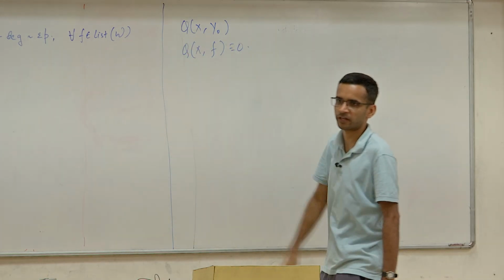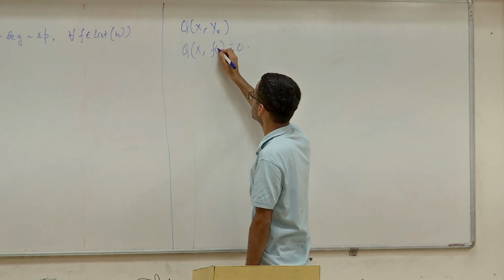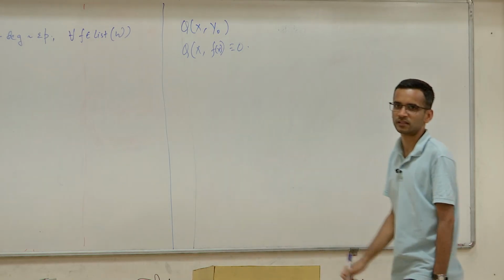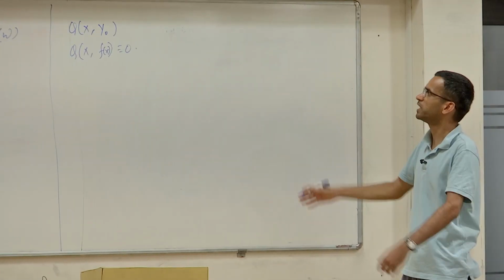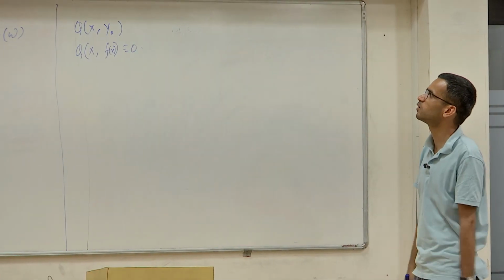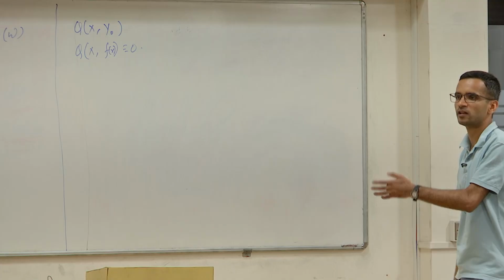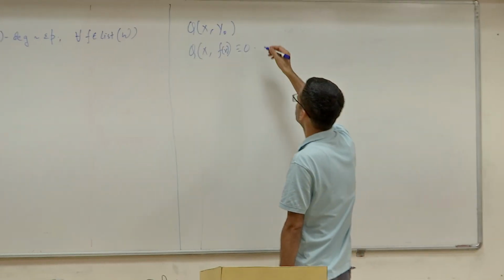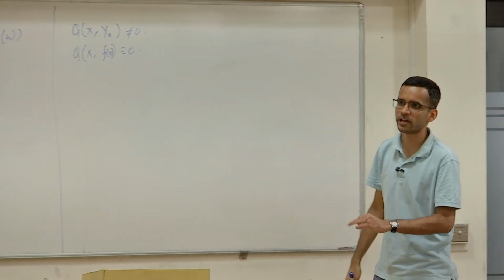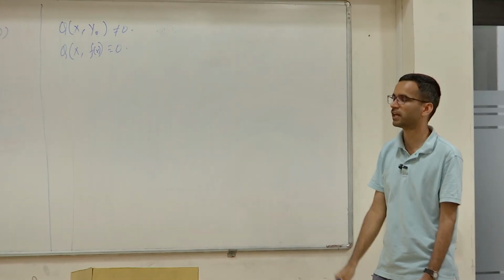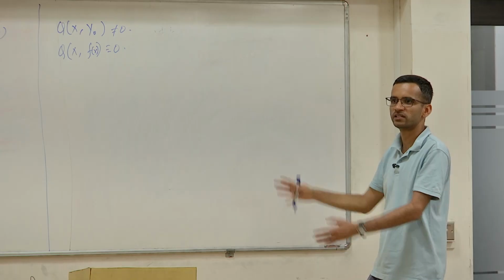F is a polynomial of some degree in x. How many such f's can be there so that Q of x comma f is 0? Q was not 0 to start with, but when we went and replaced the y variable by a polynomial of degree n minus 1, it became 0. How many such f's can be there?